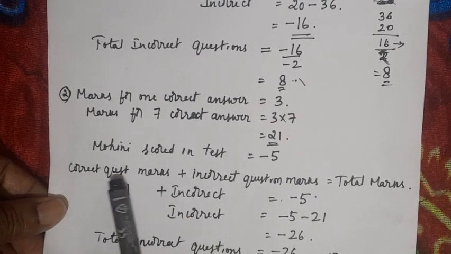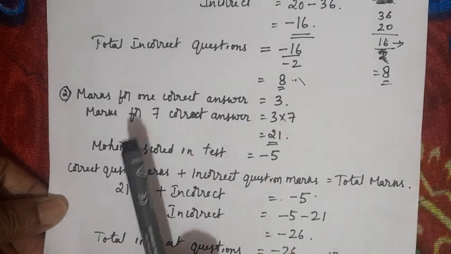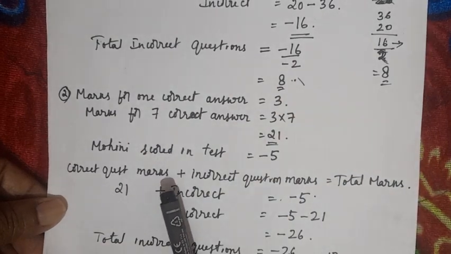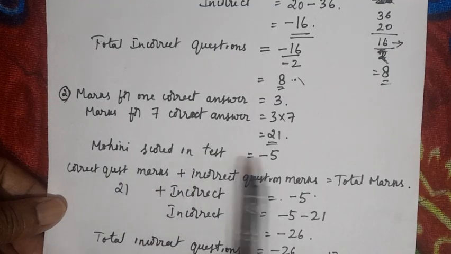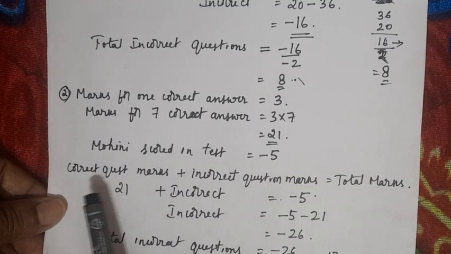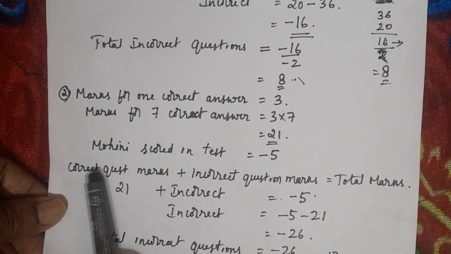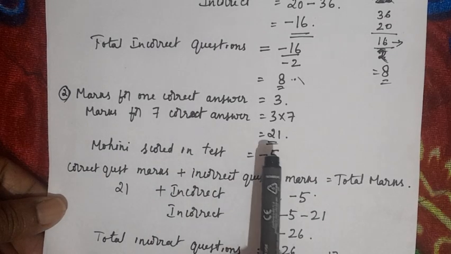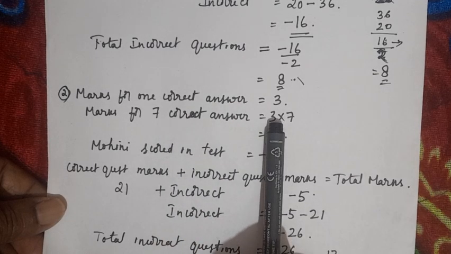The correct question marks plus incorrect question marks is equal to total marks. That one we have seen in the last question. So total marks is equal to correct question marks plus incorrect question marks. So correct question marks is 21 marks. She got 7 correct questions and 3 marks for each question.